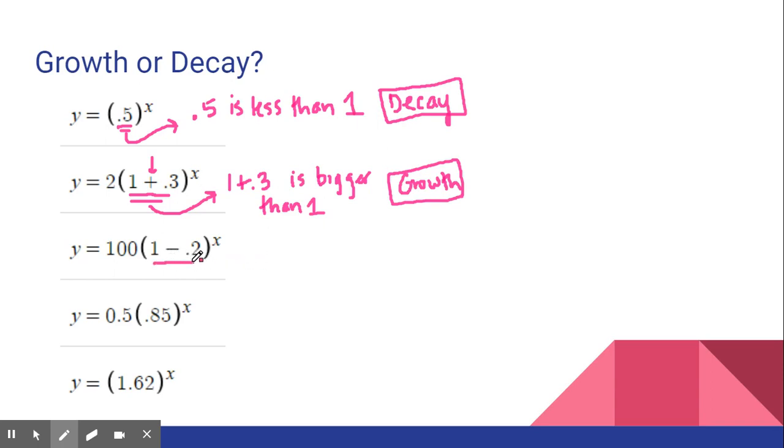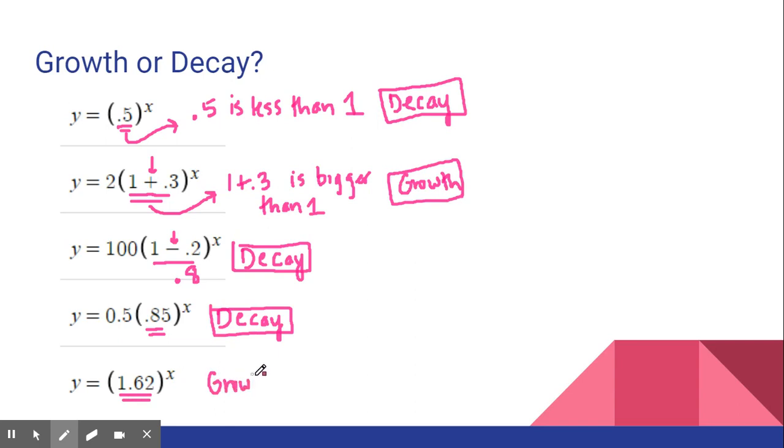So this number right here, 1 minus 0.2, that's 0.8. So this has to be a decay. We can also see the subtraction that shows up in our decay formula. This number right here is less than 1, so this must be a decay. And this number is larger than 1, so this must be a growth.